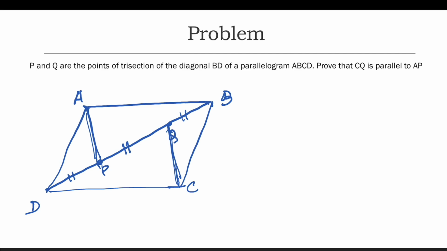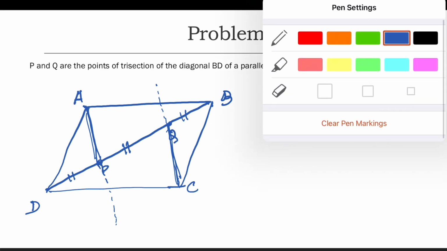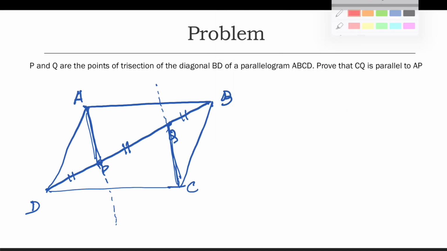Now, how can we prove this? First, understand that. If we have to prove this, let's extend this line, and let's extend this line, right? So if we look at this angle and this angle, these are what?